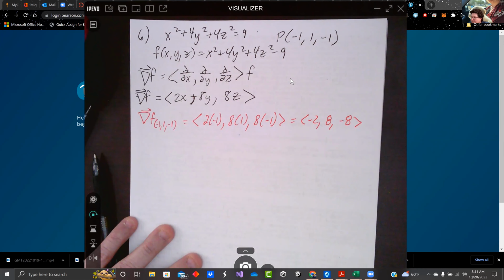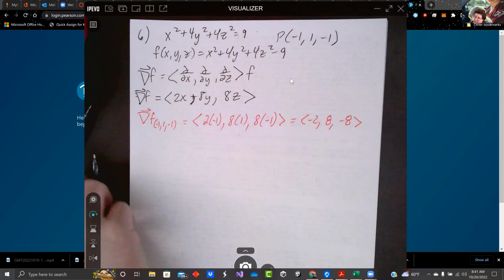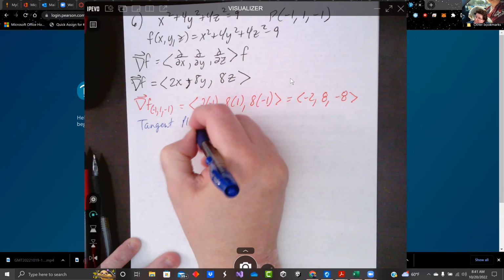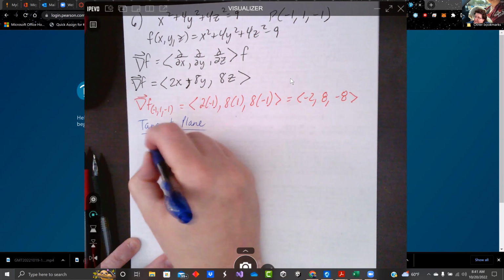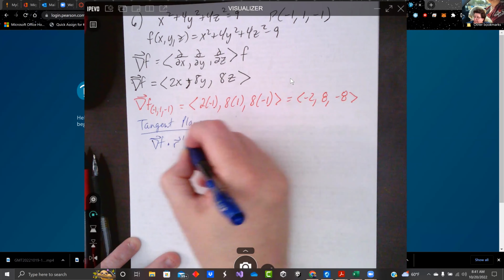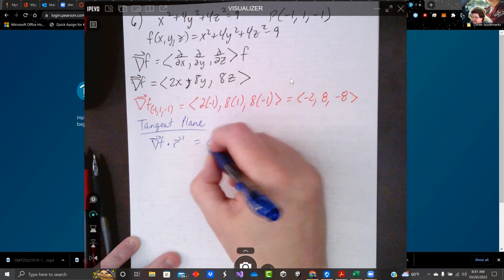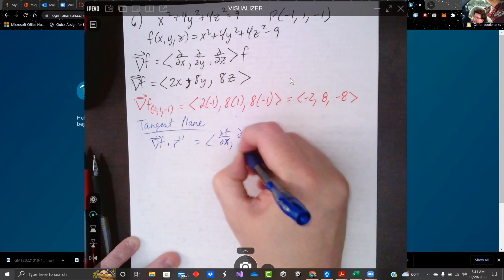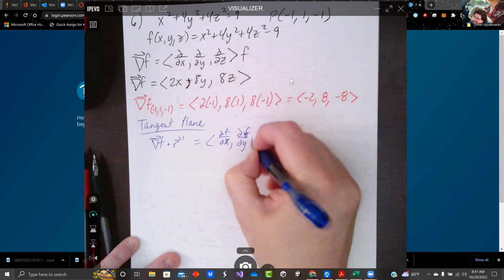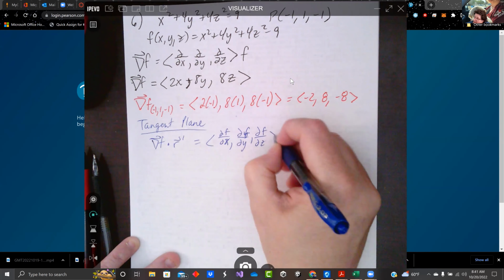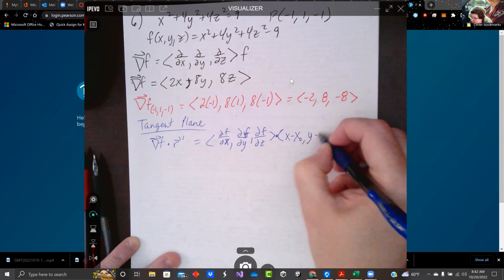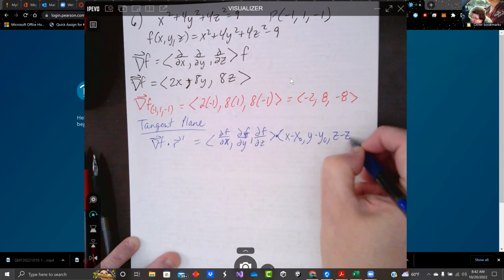So the tangent plane, we will use those for coefficients. Just as a reminder, the general formula: we've got the gradient of f dotted with r prime, which is df/dx, df/dy, df/dz, dotted with x minus x naught, y minus y naught, z minus z naught.